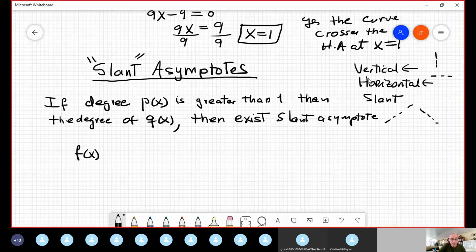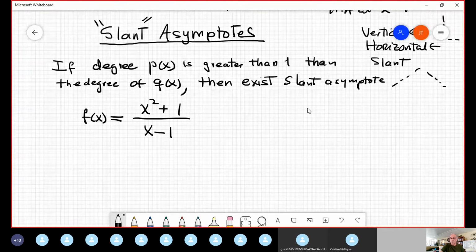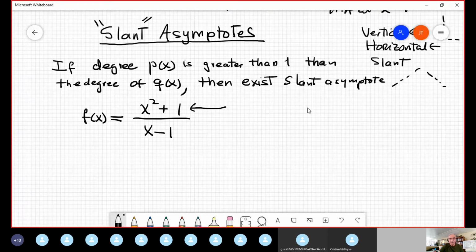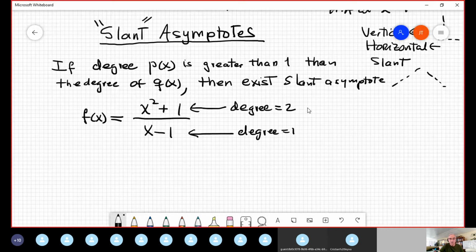Suppose this. Immediately you see, wow, the degree of this polynomial P is 2, and the degree of this polynomial Q is 1. According to this idea, the degree of the top is greater than the degree of the bottom by 1, so we have it.